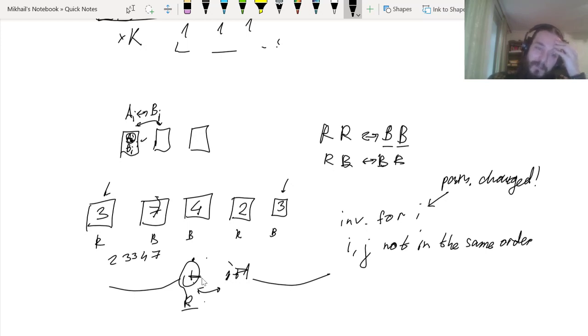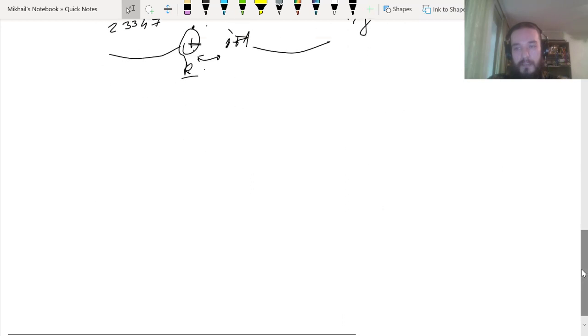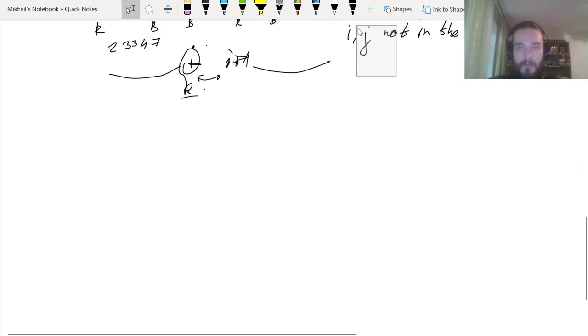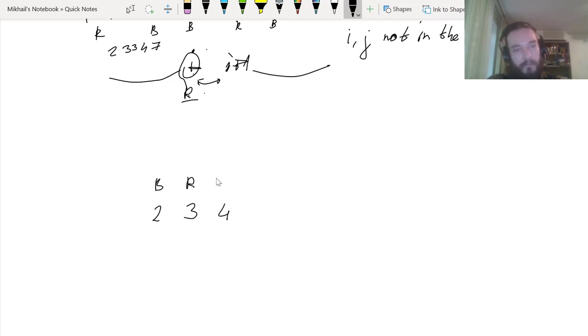What I mean by that is, for example, if the card started at position 3 and it was red, each time it moves, it flips. So if it ends up on positions 2 or 4, it has to be blue, because the number of operations that was applied to it is odd. And if it ends up at position 1, it should be red again.